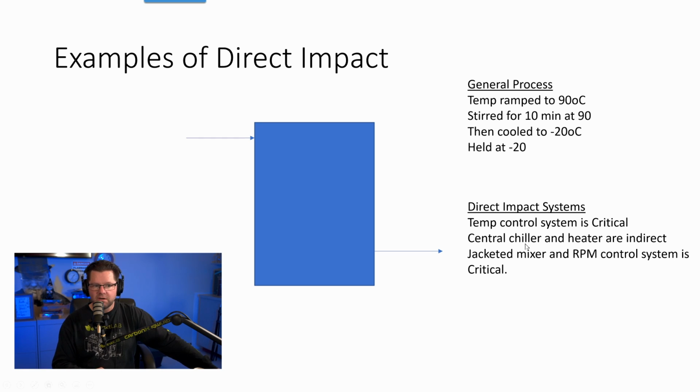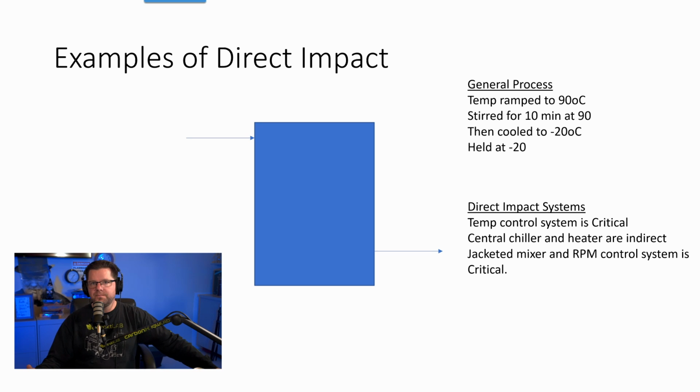The central chiller and the heater are indirect impact systems. You would just install those according to normal good engineering practices and manufacturer specifications. But you would really be qualifying just the control system in this case.